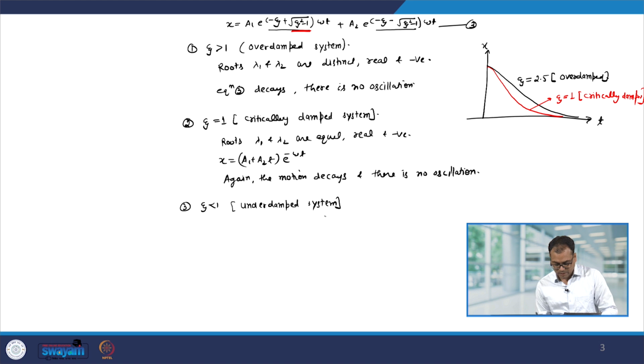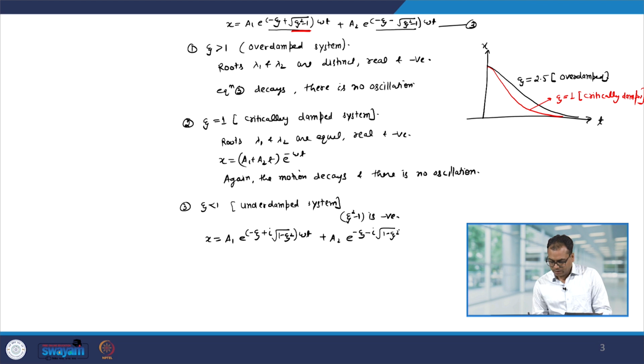In this case, x will be a1 e to the power minus zeta plus i square root 1 minus zeta square omega t plus a2 e to the power minus zeta minus i square root 1 minus zeta square into omega t.